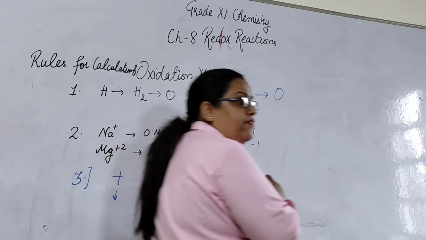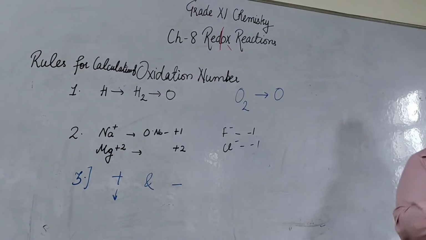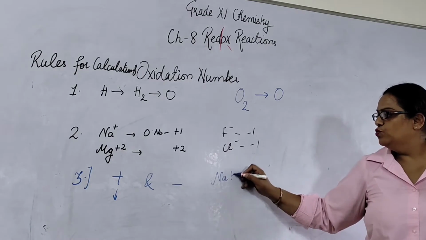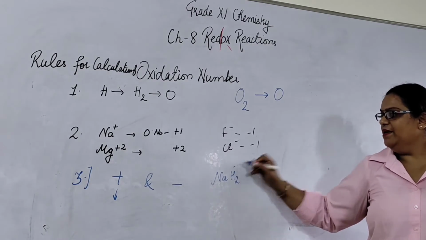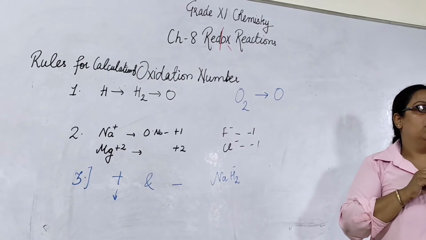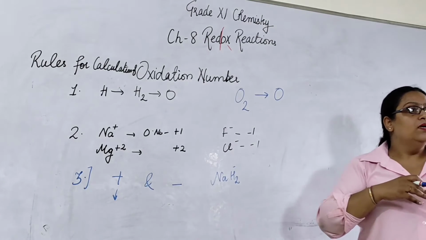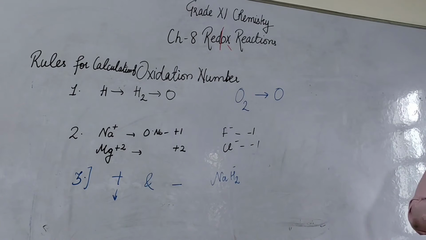When it is associated with metals, it will acquire minus charge. Like in NaH, sodium is a metal, so hydrogen is having minus charge, because sodium cannot take electrons. Sodium only gives electrons. I hope it is clear?